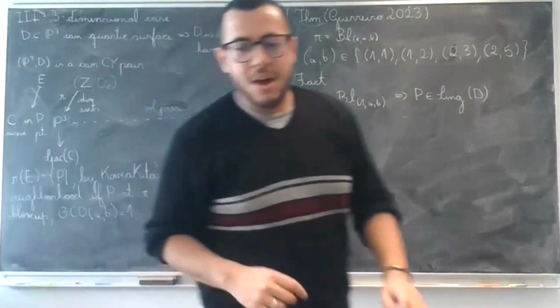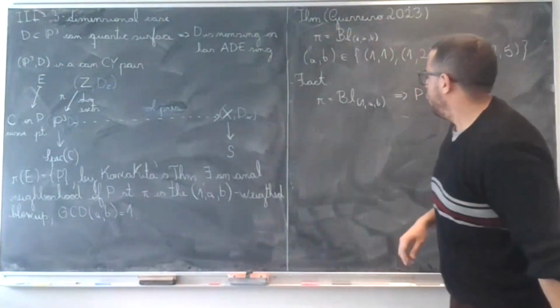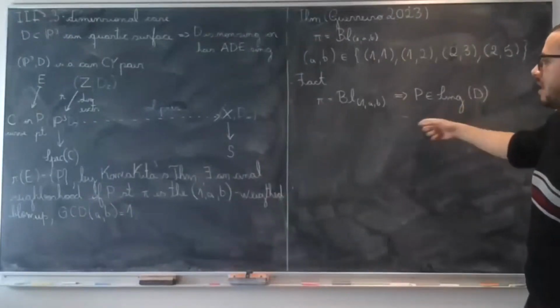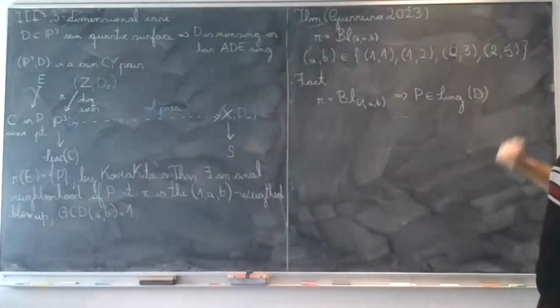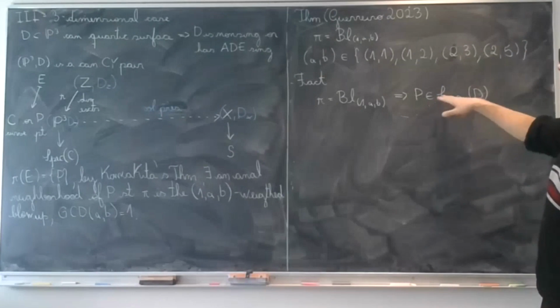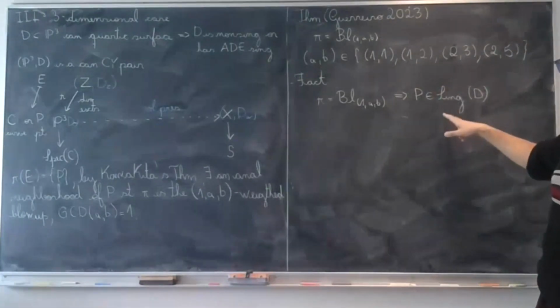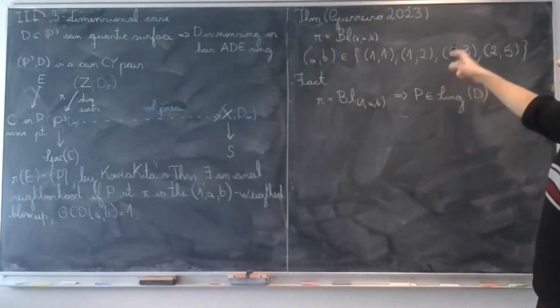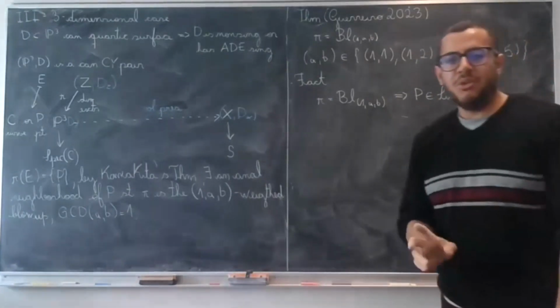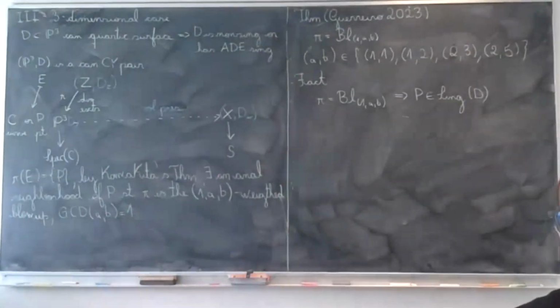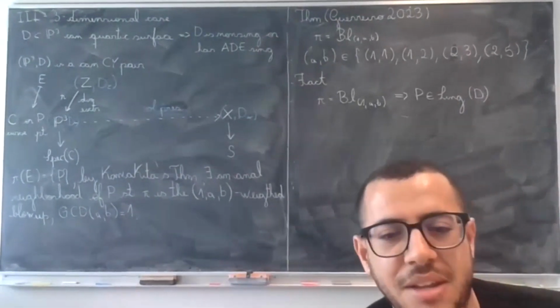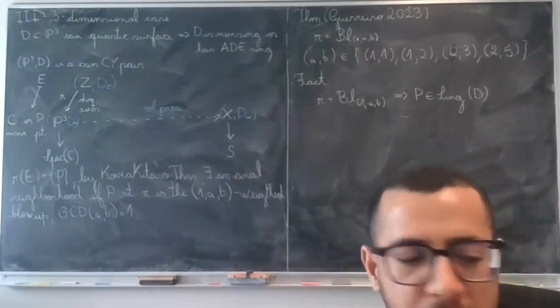And so since this implies that P is a singularity of D, my problem was, depending on the type of the singularity of P, to determine which weights will be volume preserving. So for this, I will share just a slide containing this table.